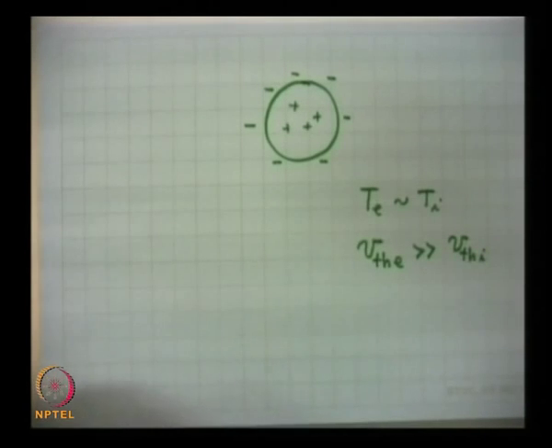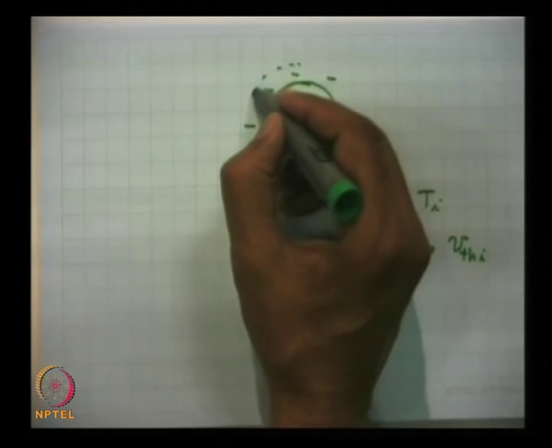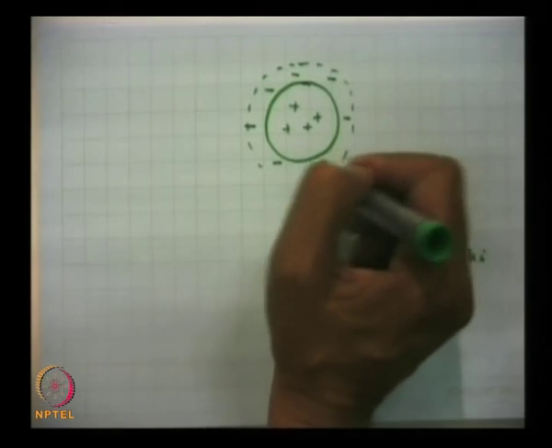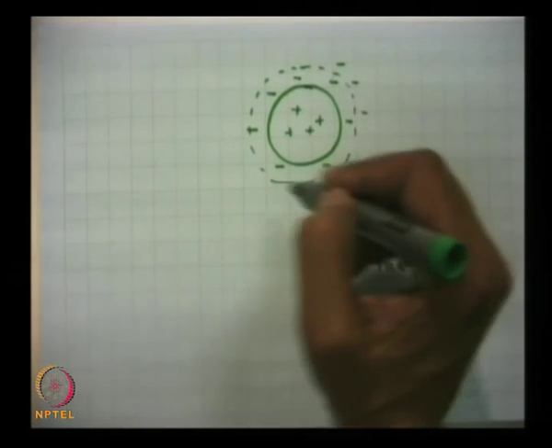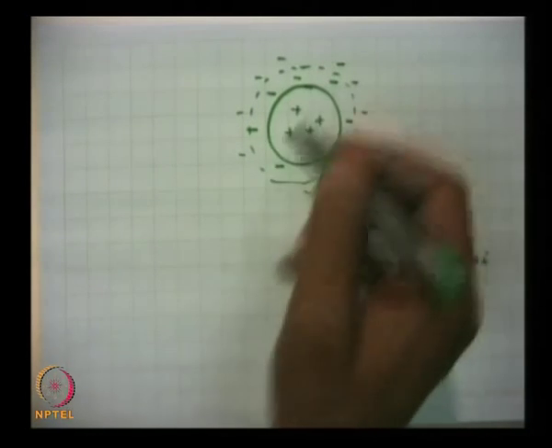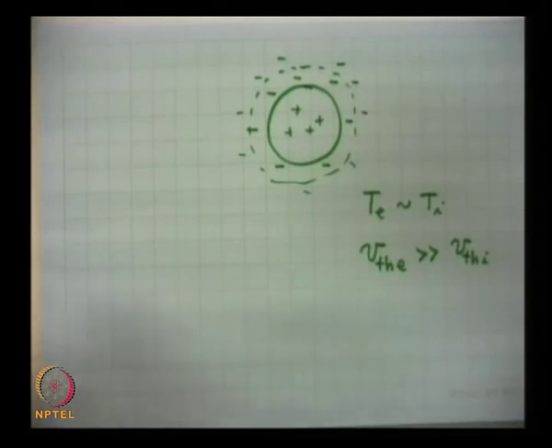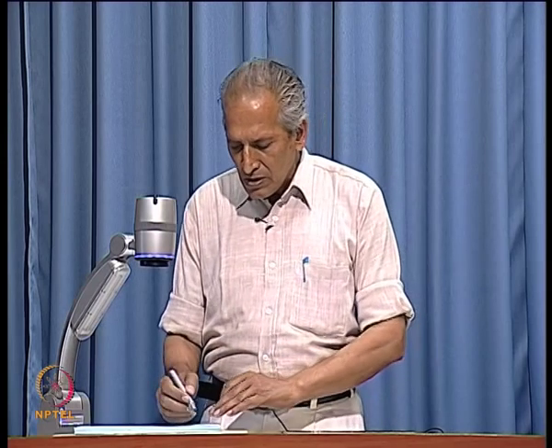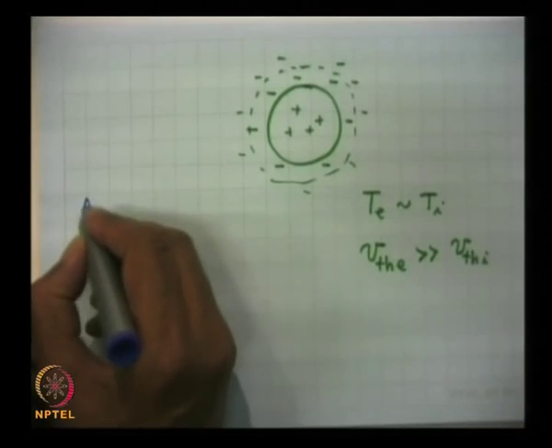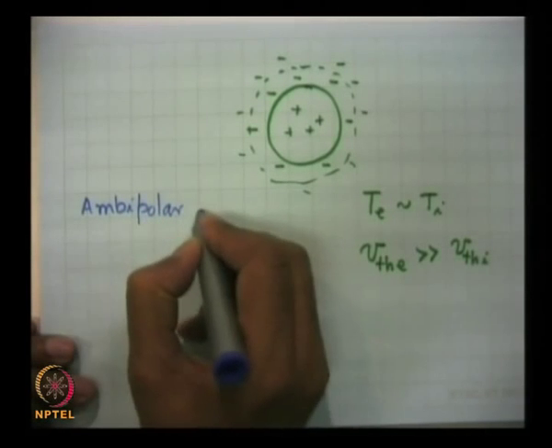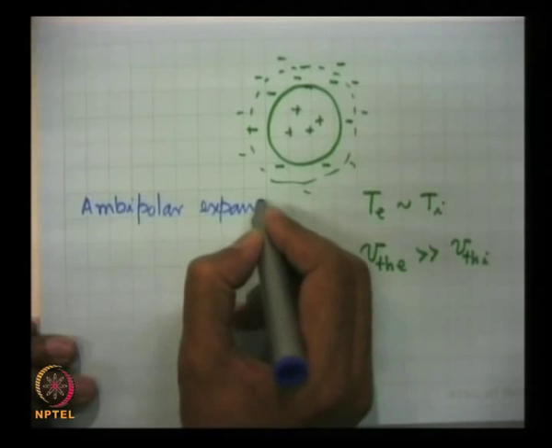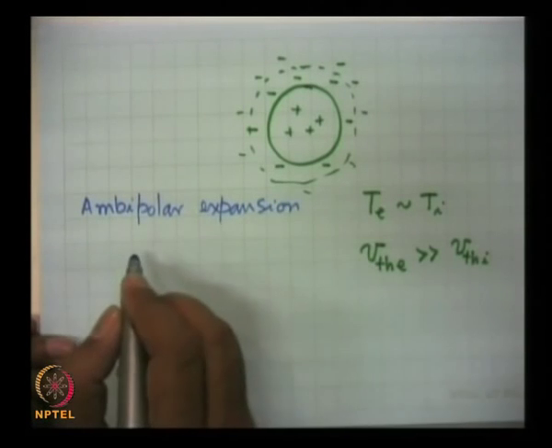Once ions can go out to a larger distance, suppose ions can come out to this region, then the electrons can go further out, they can move a little more, and in this way the electrons and ions as an assembly move with charge separation of the order of Debye length, which is quite small. So, this is called ambipolar diffusion or ambipolar expansion, in which the ions and electrons move together.